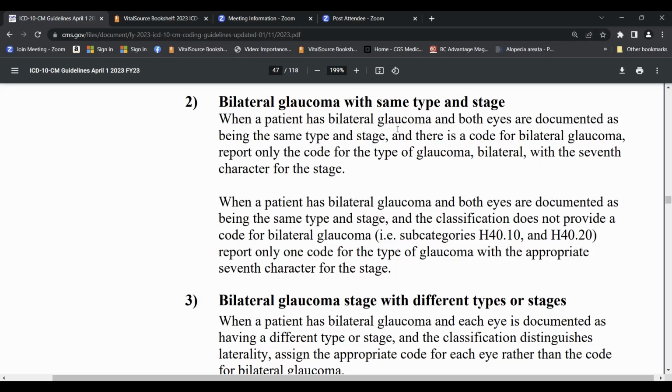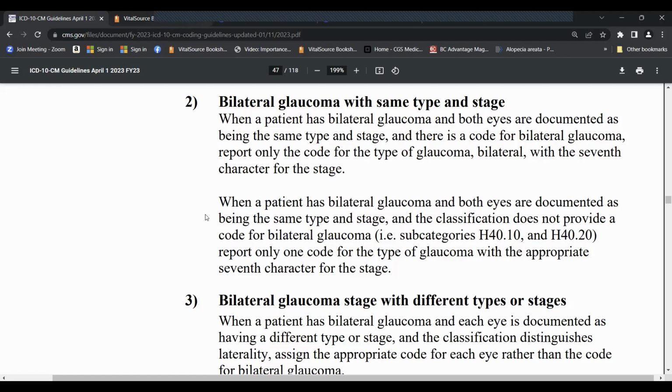All right, so let's make this guideline make a little bit of sense to us, and we will go back to the tabular section. So you want to save your spot in the guidelines, and let's go over to the tabular section.